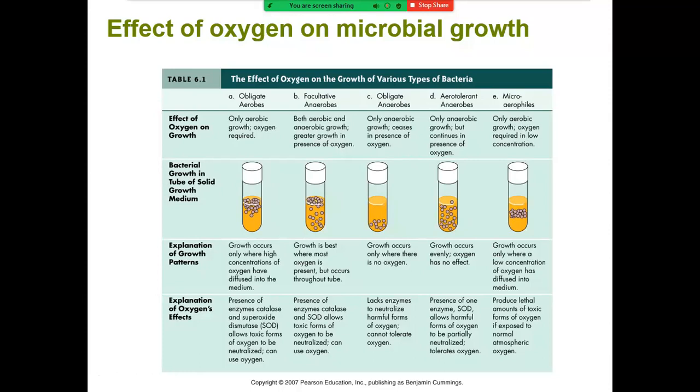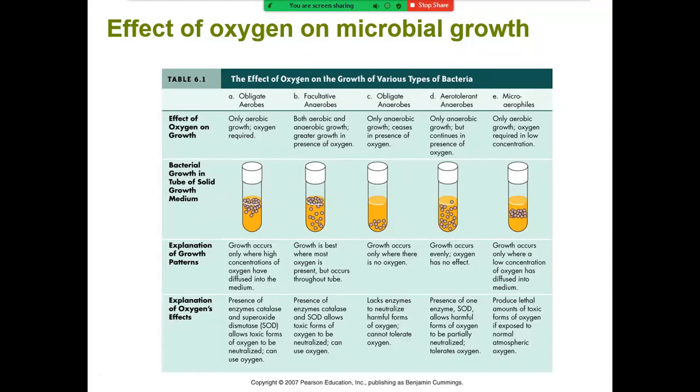And as you go down the tube, you'll see the same amount of growth all the way to the bottom because it grows equally well in the presence of oxygen and in the absence of oxygen. Any questions about that?